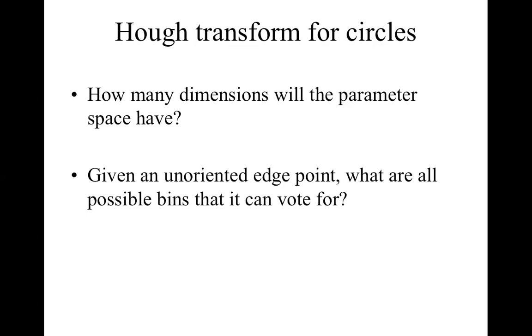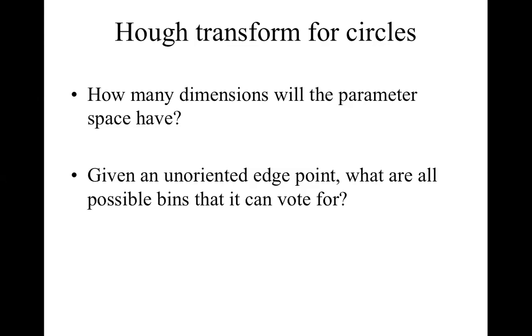Then another question that we have to answer is that, given an unoriented edge point, what are all the possible bins that it can vote for? We know that for the straight line case, an edge could vote for all possible lines. Now it should vote for all possible circles. We do know that if we have chosen for the straight line the parameterization d, theta, an unoriented edge would have voted for a sinusoid in the parameter space.